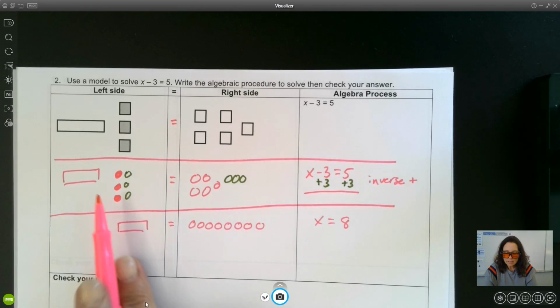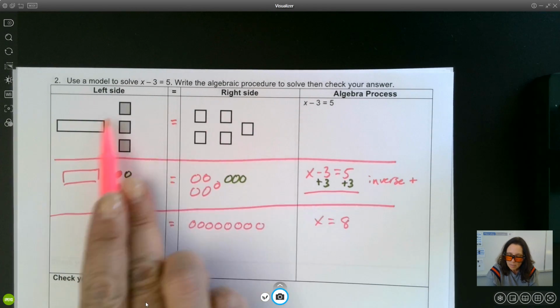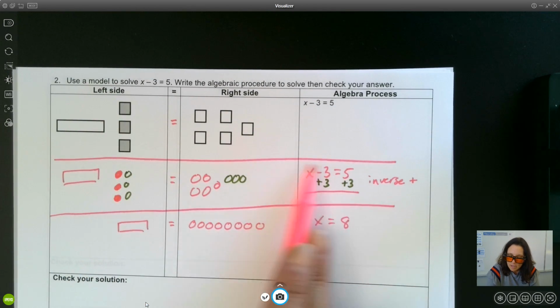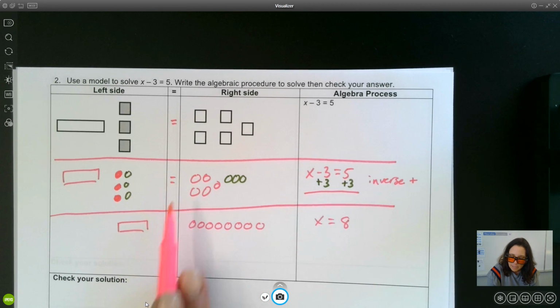Again, this step all matches the algebra, the model.